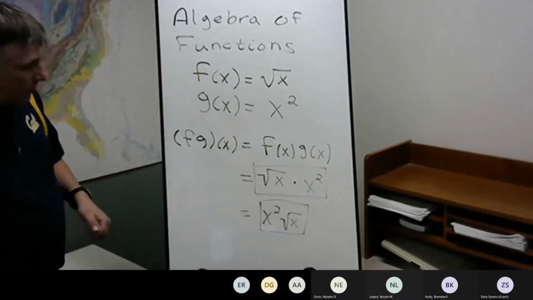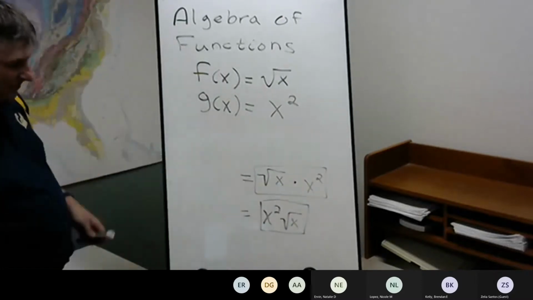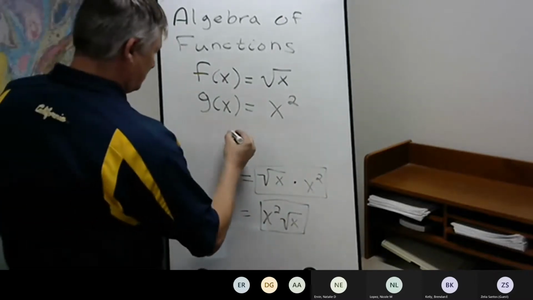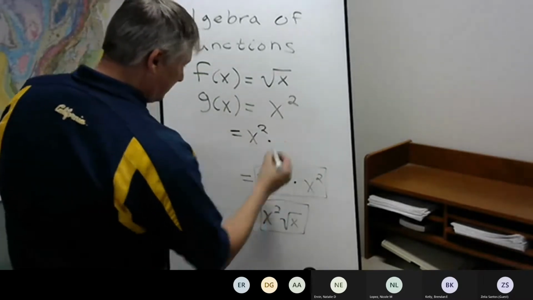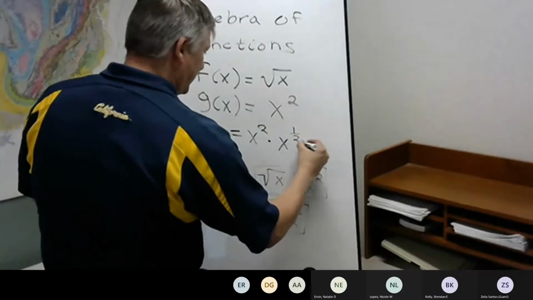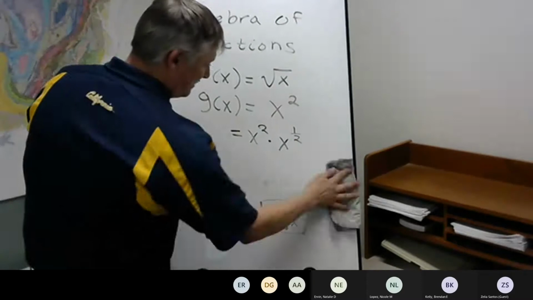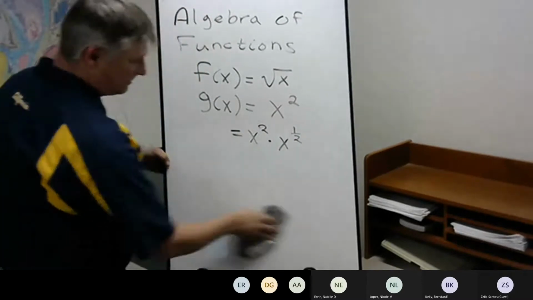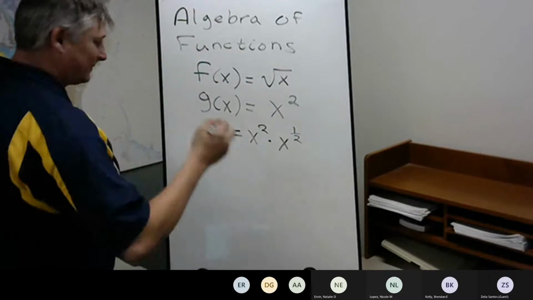Now, another thing you can do with this, though, remember, square root of x is x to the 1/2. So instead of square root x, we can have x to the 1/2.